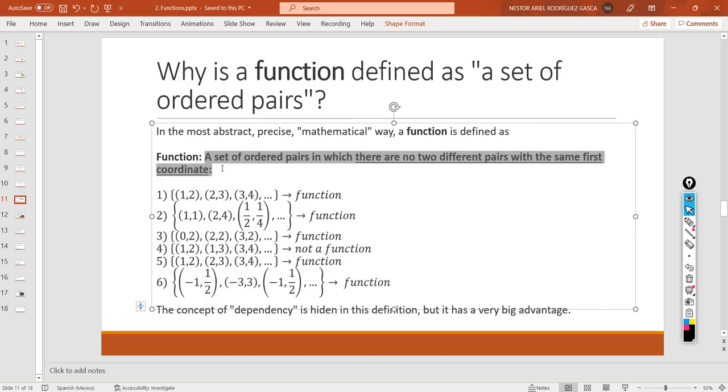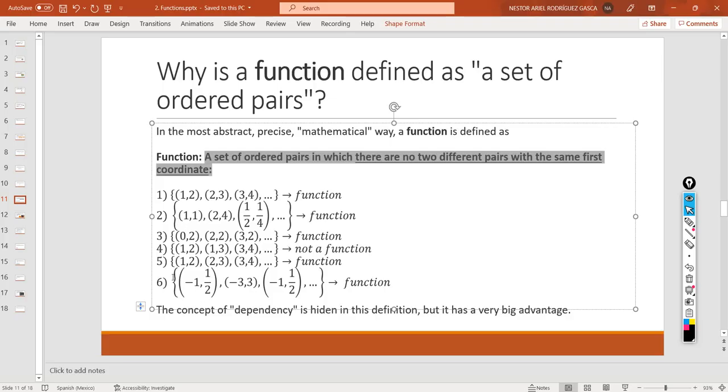At first sight, it's not understandable, if we compare it with the other concepts of function. But this definition, guys, has a very strong advantage, which I'm gonna tell you in a moment. So let's first just analyze what this definition is saying.